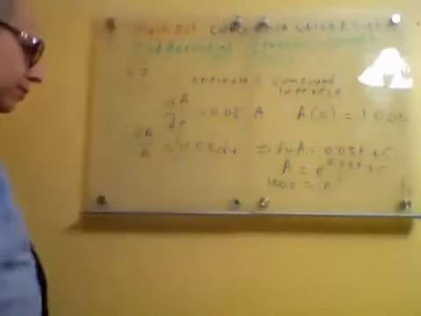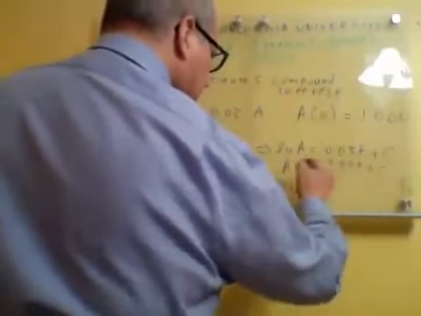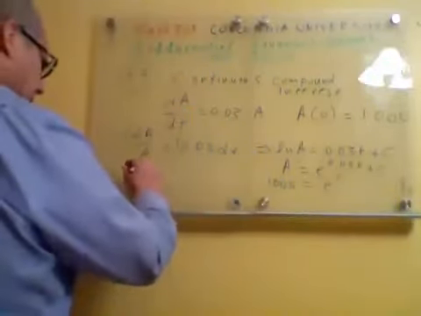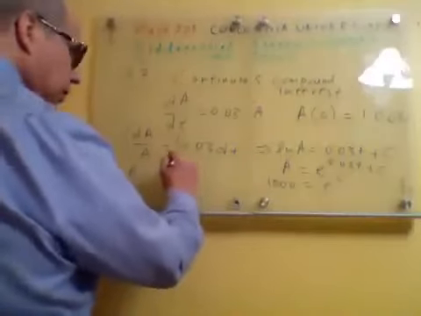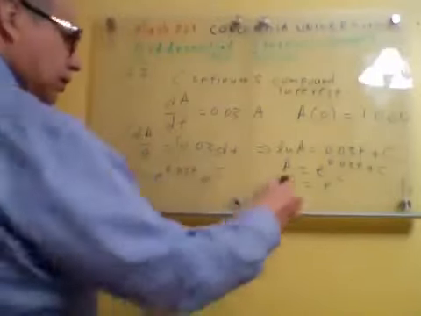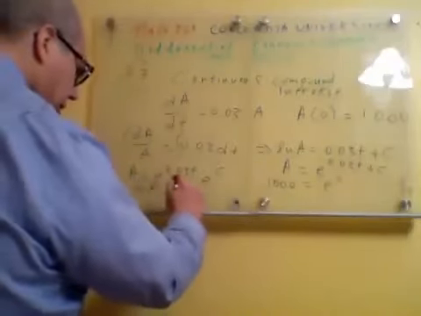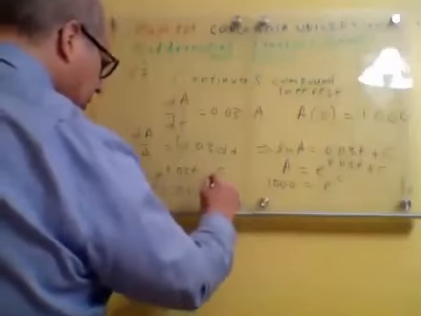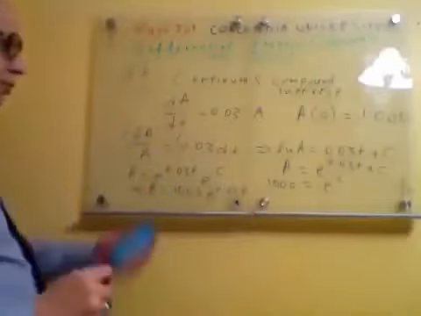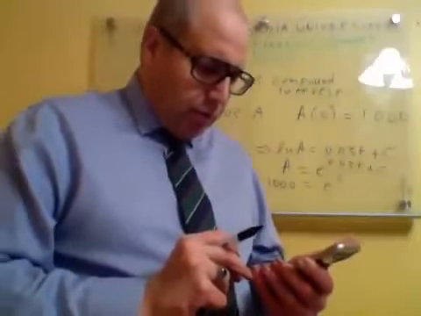Okay, and now because we can write this here, A is equal with e to the 0.03 t plus c, you can write it as A is equal with e to the 0.03 t times e to the c, and since e to the c is equal to 1000, you get finally that A is equal to 1000 times e to the 0.03 t, which of course is a case of exponential growth.